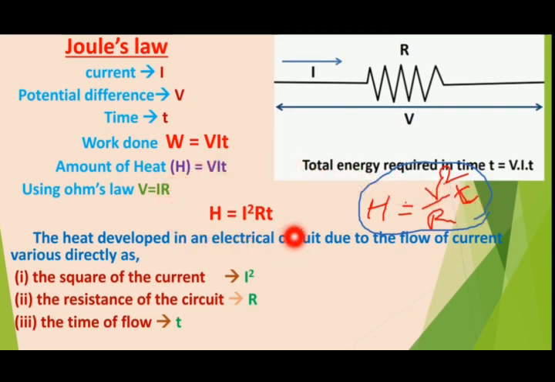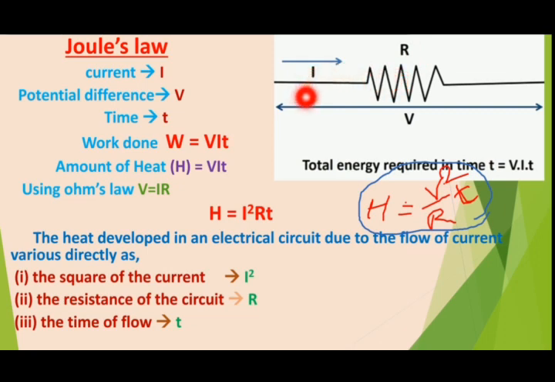Now, the above relation H is equal to I square Rt was experimentally verified by Joule and is known as Joule's law of heating. By this equation, Joule's law implies that the heat produced is directly proportional to the square of the current for a given resistor.